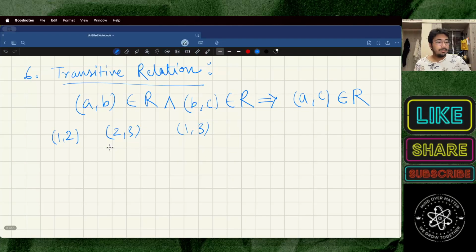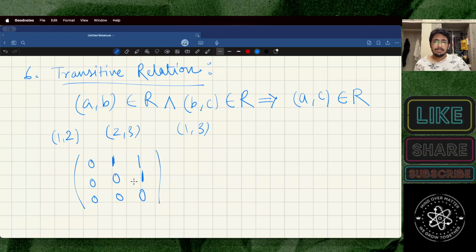And how do we depict that in the matrix? 1 comma 2 is this element, 2 comma 3 is this element, and 1 comma 3 will be this element. So this is a transitive relation. This looks like an upper triangular matrix, but I don't think it has a direct relation with that.